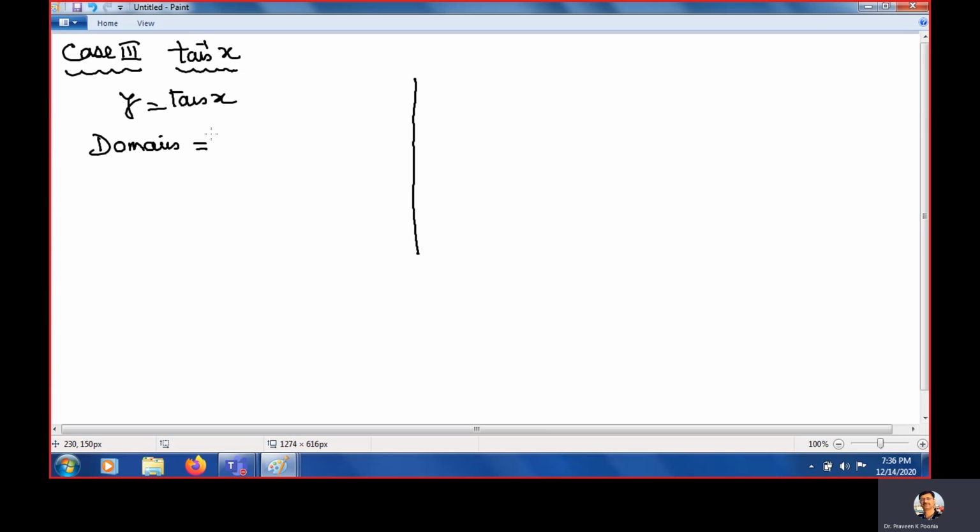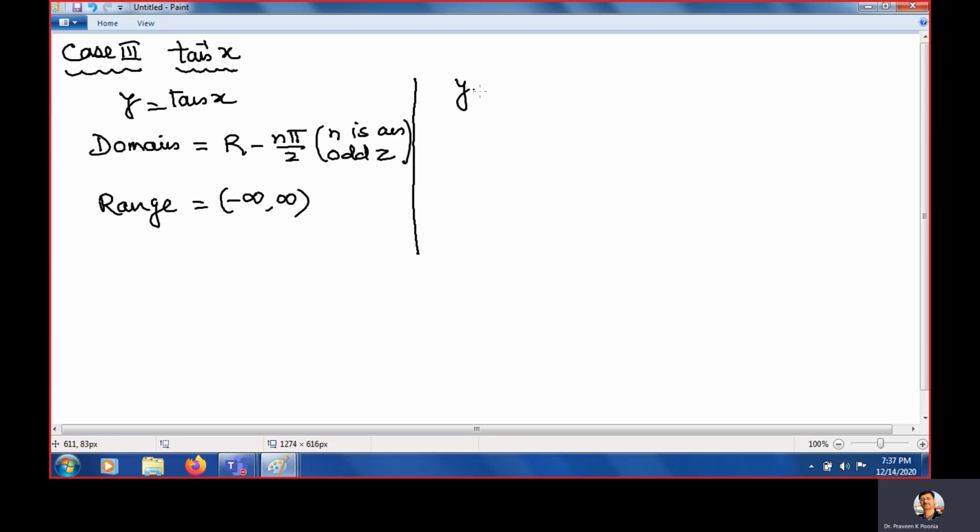If you remember, in the case of tan x, the domain was R minus n pi upon 2, where n is an odd integer. Clear? And what was the range? Range was minus infinity to plus infinity.